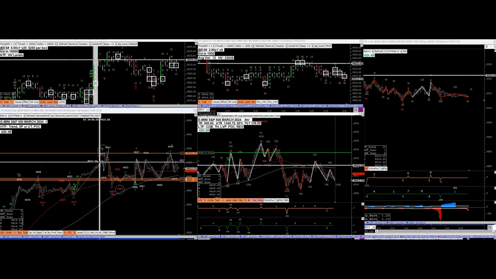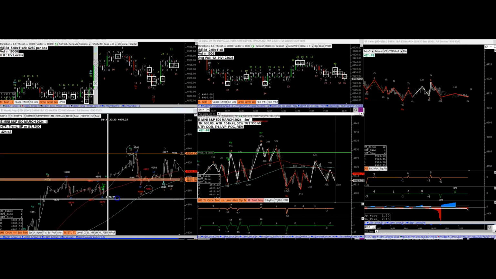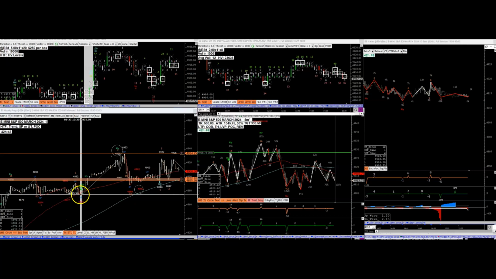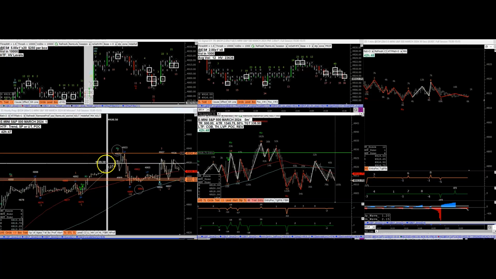So you got to know what's there within that rally. What the hell is there to stop the down move? Okay. Now that you understand that, we look at this rally.